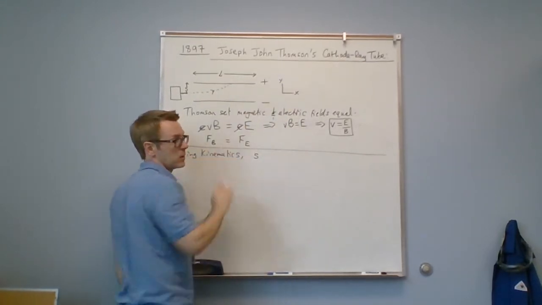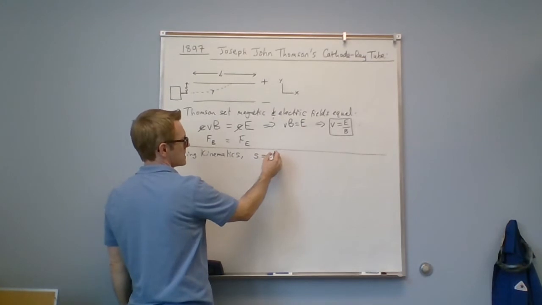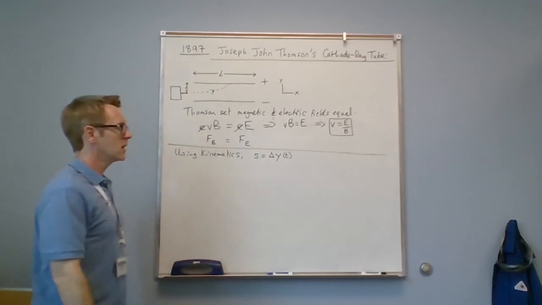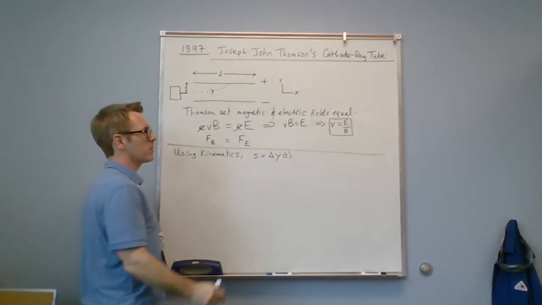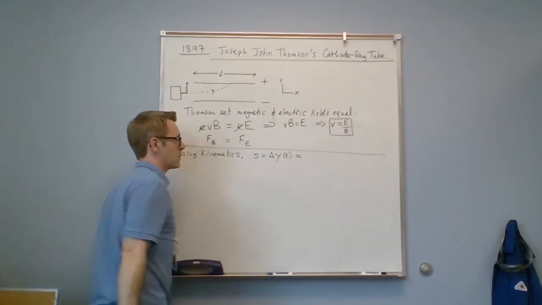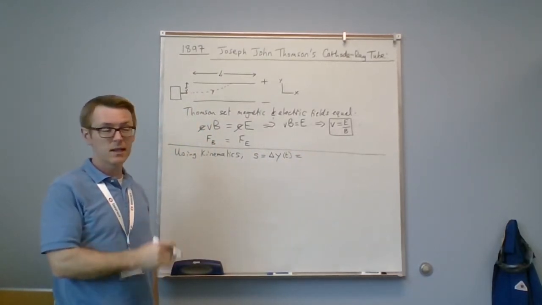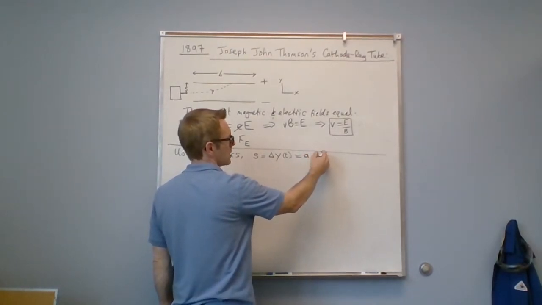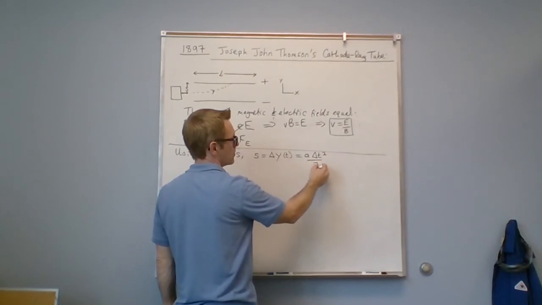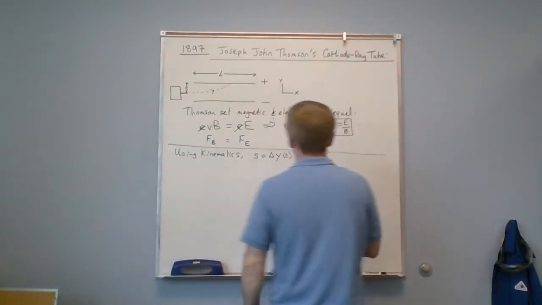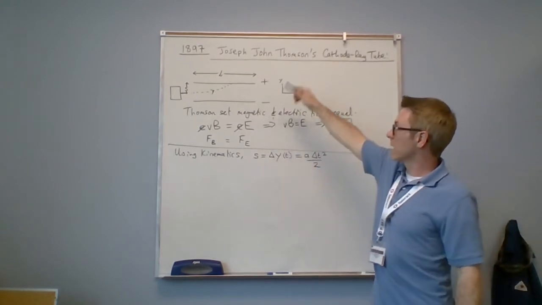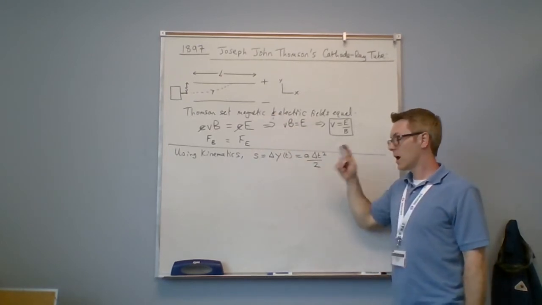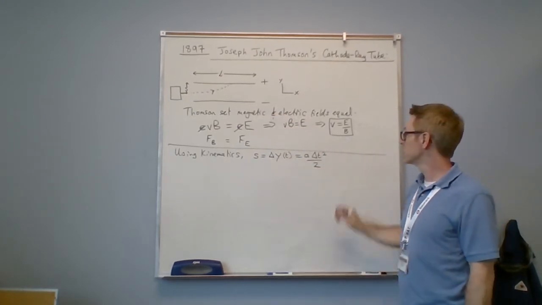S is here labeled in the y-axis, so let S be the change in y as a function of time, and if we follow kinematic equations, which I'm not going to explain in this video, I'll just state them, the only term that survives is acceleration, change in time squared over 2. So the change in the y-axis, or the distance s, is the acceleration of the cathode ray, the time of travel of the cathode ray squared over the number 2.